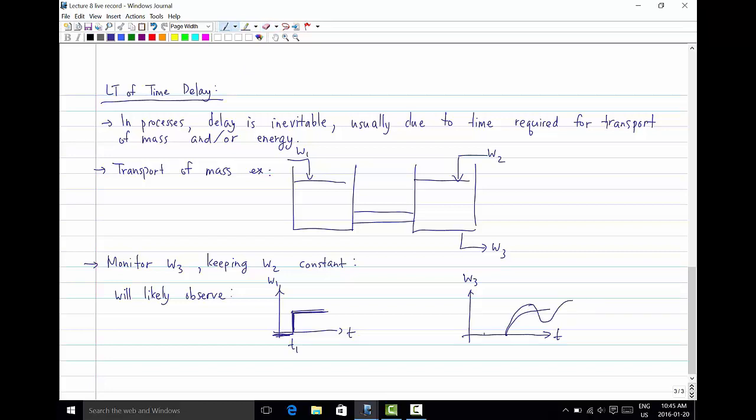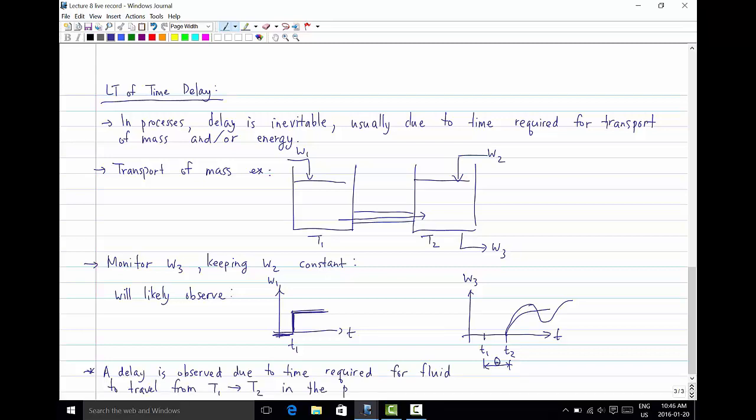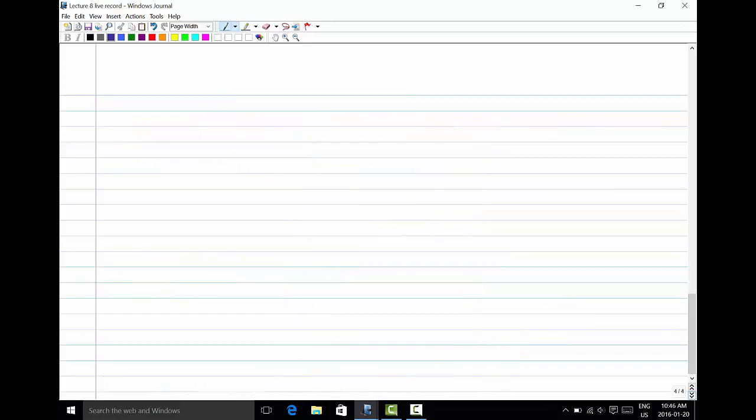If we increase W1 at the time t1, we are likely to see an increase in W3 at a later time t2, separated by the difference theta, which is a common symbol used in process control to denote the time delay. Now the time delay, like I said earlier, is unavoidable because of mass transfer and the time required for that to occur.